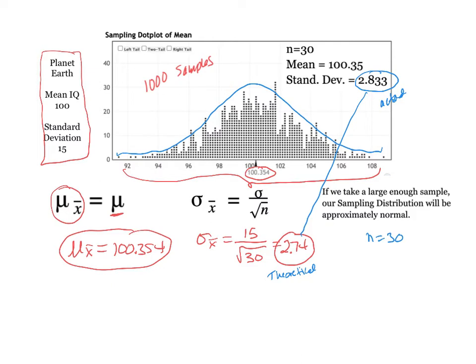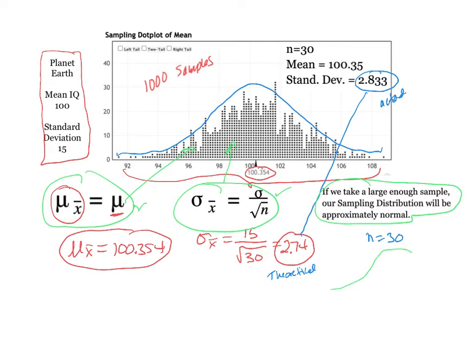So by following those conditions, the random sample and the 10% rule and the sample size rule, that allows us to use these equations to predict information about the sampling distribution without actually doing the samples, okay, without actually doing the simulation of 1,000 samples. If the conditions are met, I can jump right to these formulas, okay? And then also I know that it's approximately normal, so that I can draw bell-shaped curves and use z-scores to answer questions, okay?